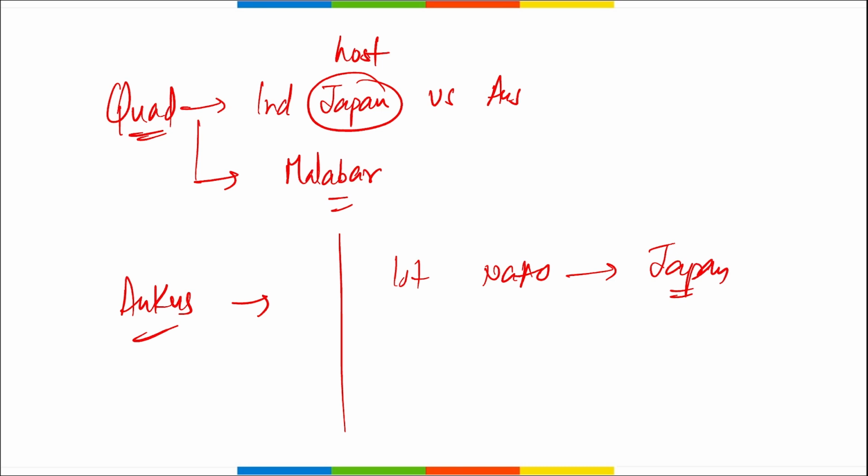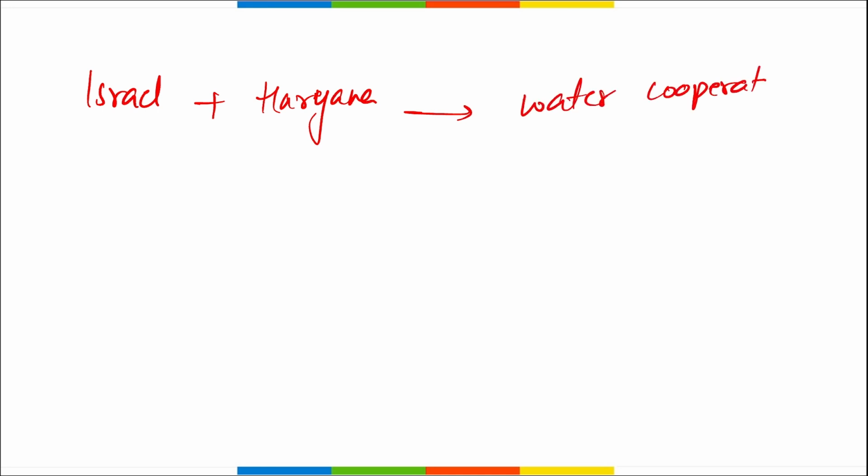Then next, Israel along with the Haryana government, they have signed a joint declaration to be working on water cooperation. That means they together will be working on water cooperation, Israel and the Haryana government.